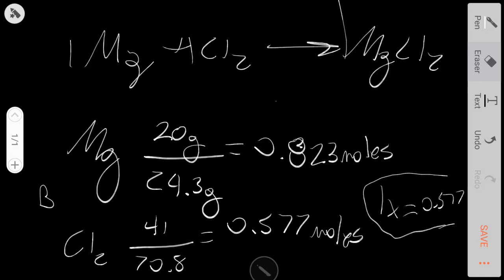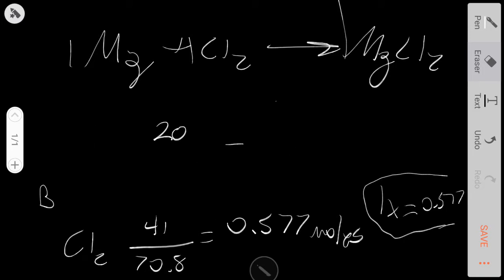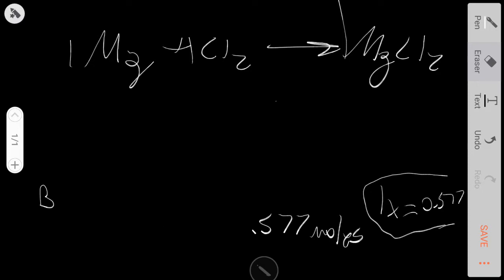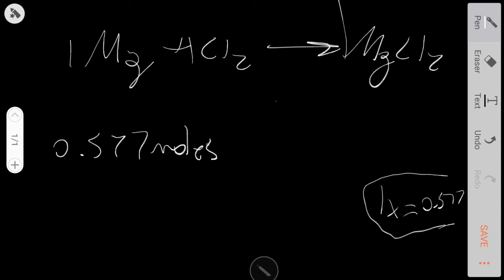So, my product here is MgCl2. And I'm able to create this many moles of it. So I'm going to have 0.577 moles times the molar mass.